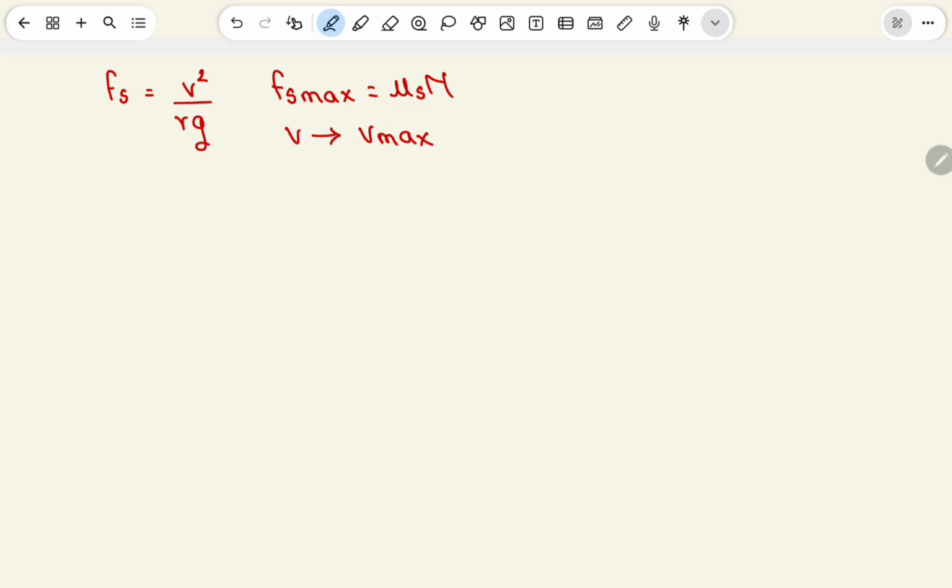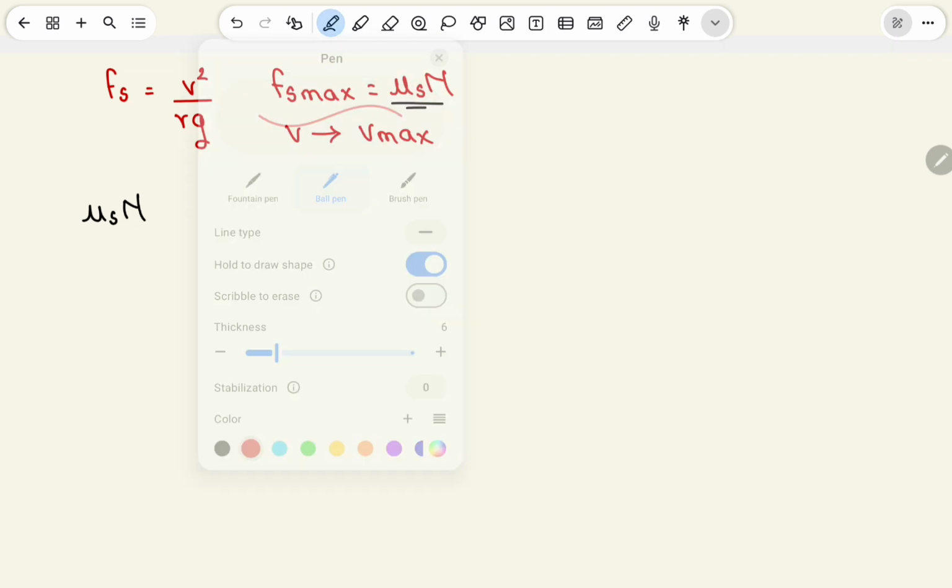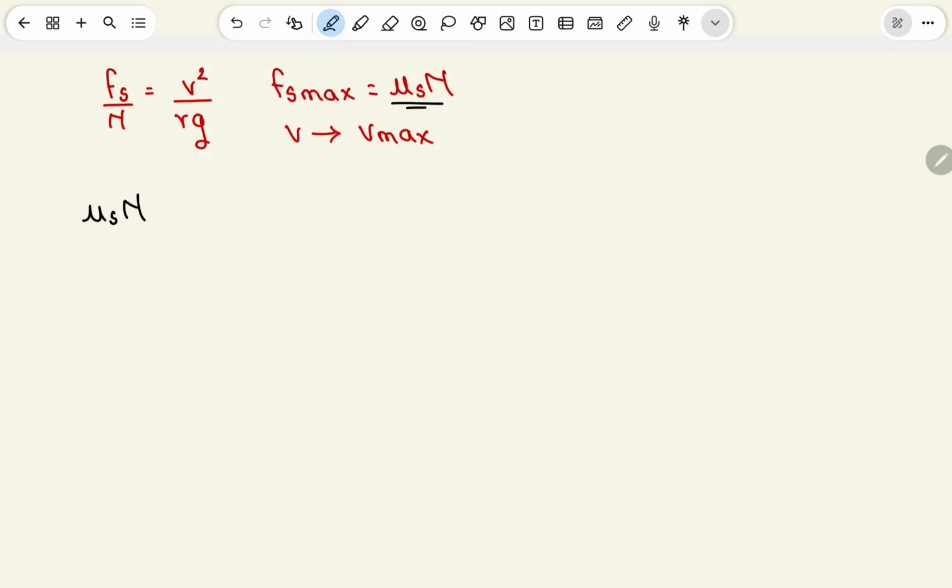So we have the equation Fs upon N is equal to v square by rg, and the maximum velocity can be calculated by substituting the maximum value of friction, which is nothing but mu s into N. Just a minute, I forgot an N over here. Fs upon N is equal to v square by rg.